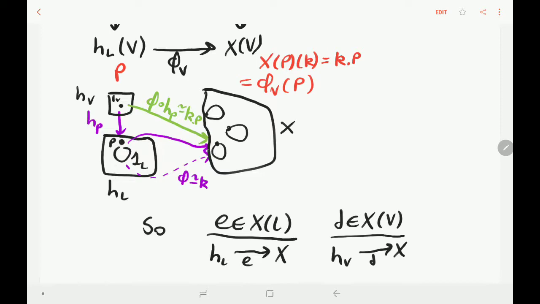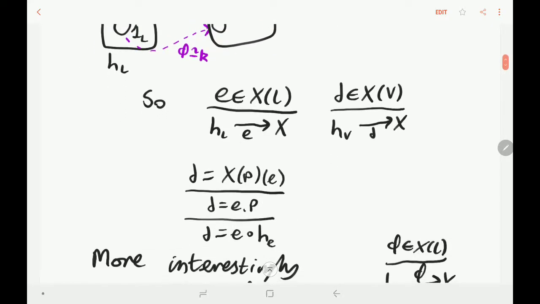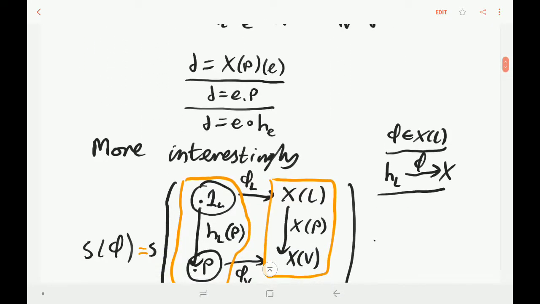And if we want to find the dot on that loop, the vertex of it, we can just take that morphism phi and do phi after h of p, and that'll give us this green arrow, which will just point to the actual dot. Okay, so we can talk about all the stuff in terms of arrows, and I kind of flip-flop between the two in this.